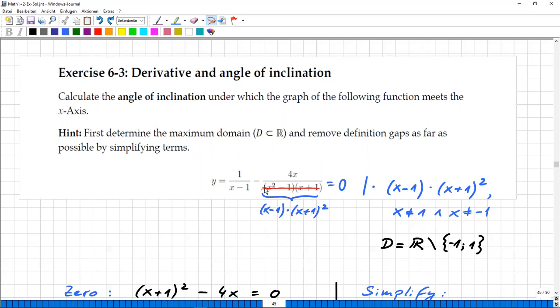Now it's a good idea to cross out this denominator term and replace it by a better representation. I hope you see easily what I'm doing here. I recognize that this one is due to the third binomial formula, where I can split it up to be x minus 1 in parentheses times x plus 1.